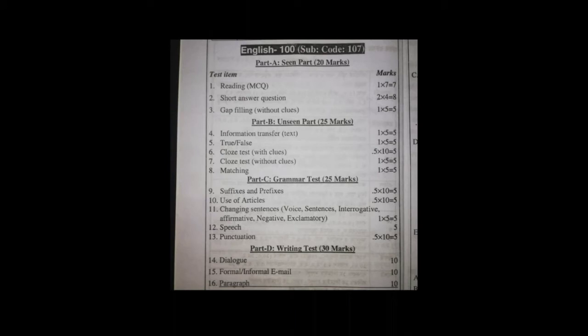Before discussing the passage, I had better talk about the question patterns of the seen part. You can see I marked a circle here. There are 3 items, and the first item is reading MCQ, multiple choice questions.